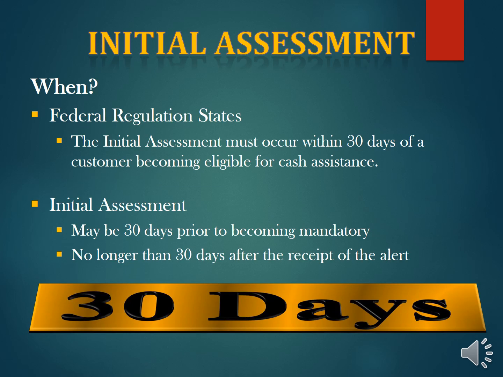State and federal regulations require that the initial assessment occur within 30 days of a customer becoming eligible for assistance, and mandatory but no longer than 30 days after the receipt of the alert from the Florida system. In most cases, the initial assessment is conducted during the automated work registration process and is reviewed with the participant during the initial appointment.